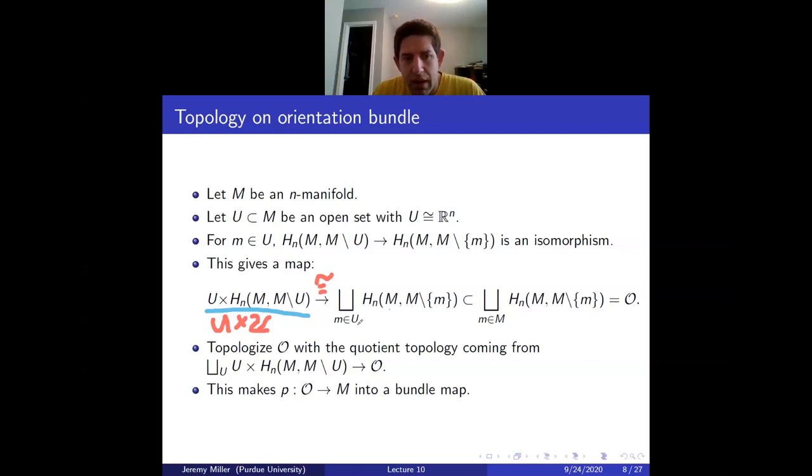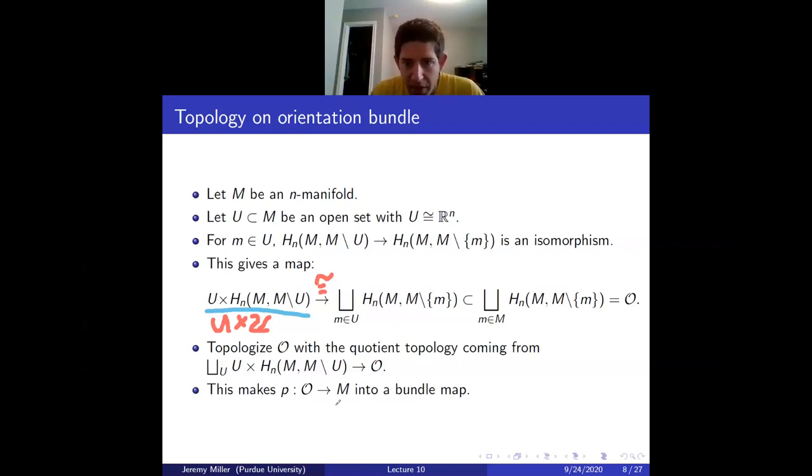Yeah, so what we do is we topologize the total space of O with the quotient topology coming from taking the disjoint union of all of these, and then that's over all U. You could pick your favorite open cover or just take all U homeomorphic to R^n in M. And so, this gives you a surjective map, and just topologize this with the quotient topology, and that will tell you how to compare when elements of different homology groups are nearby.